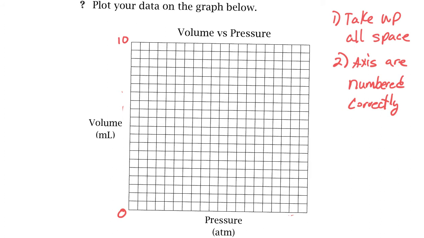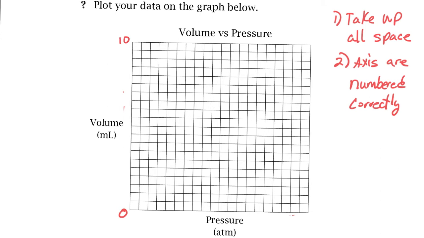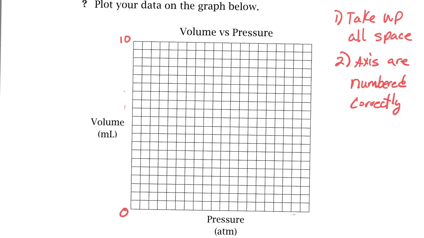There are 20 squares here, so 20 divided by 10 means I could go up by 2. So this would be 1, 2, 3, 4, 5, 6, 7, 8, 9, and 10.